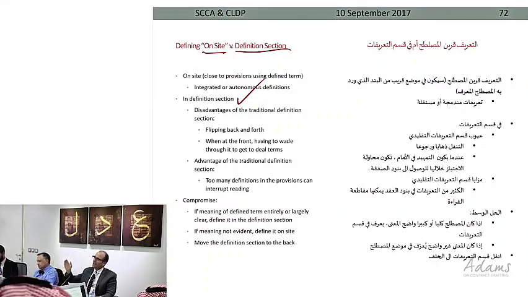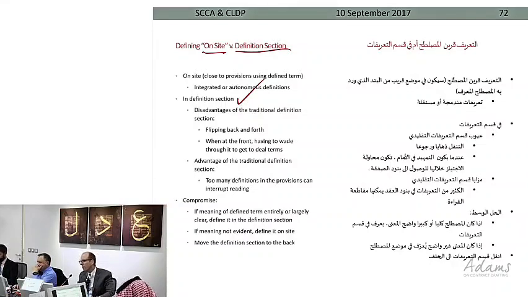And often, I find the most popular place to put the definition section is the beginning of the body of the contract. I don't know if that's your experience. But there's a general organizing principle that you put the most important stuff first and then the less important stuff after.